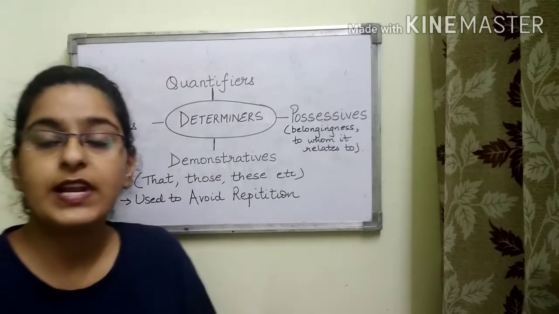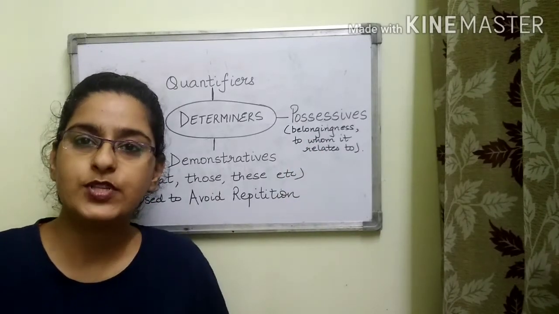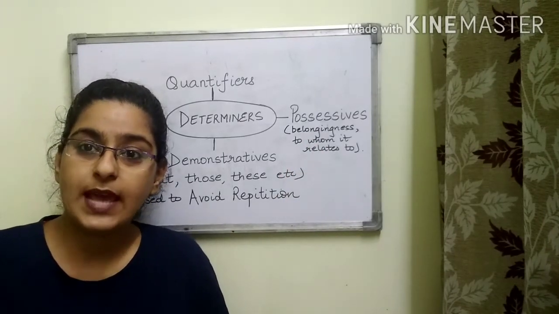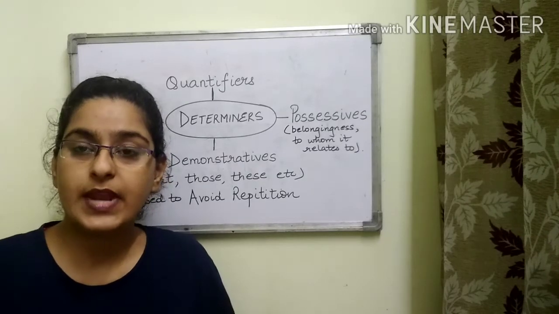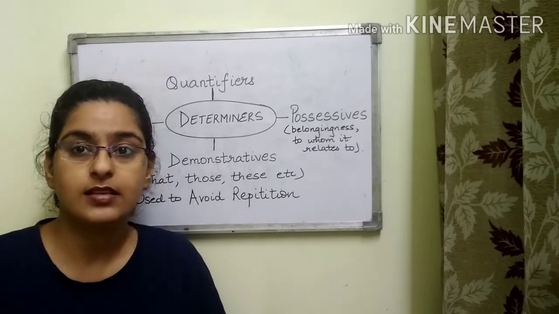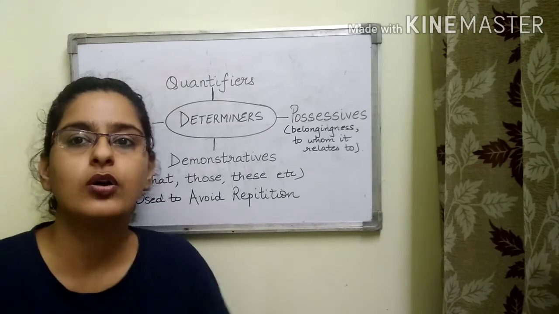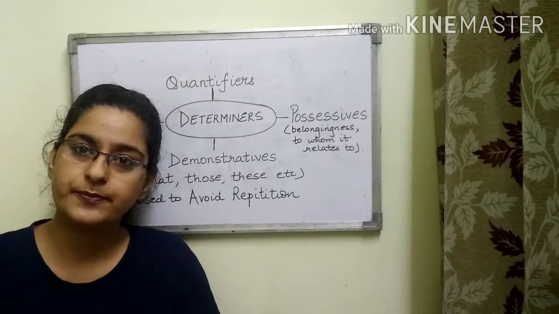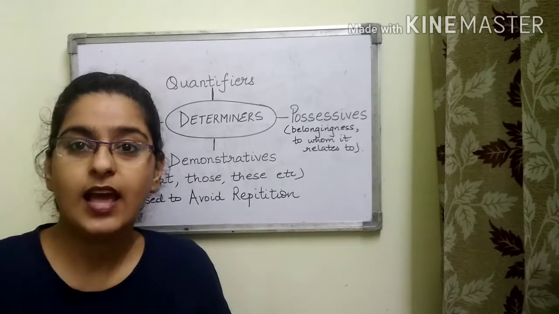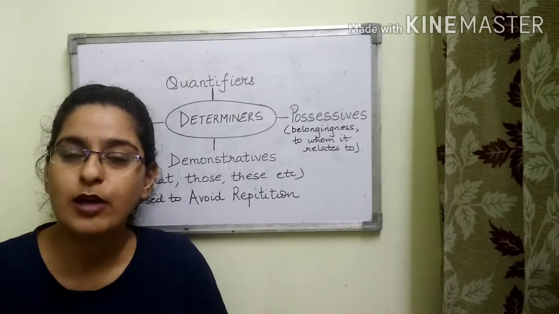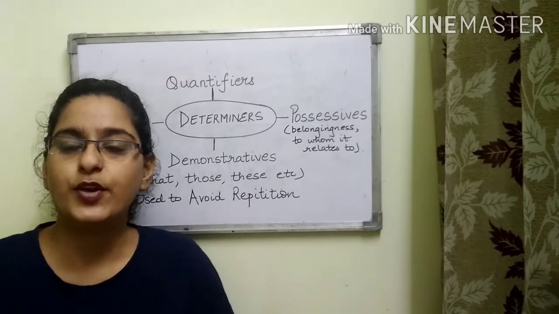Now can you tell me some examples of possessives? When I am saying the words that tell us who possesses that noun, to whom it belongs, can you tell me some examples? Yes, absolutely right. So for you, I am just writing over here.